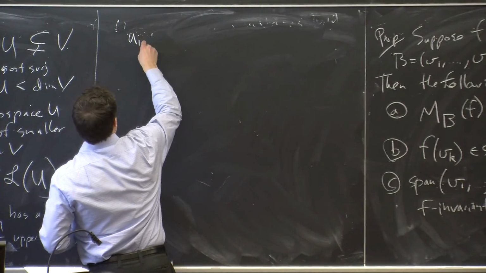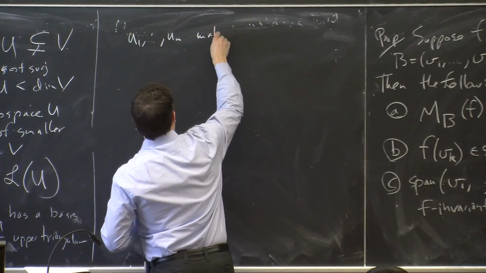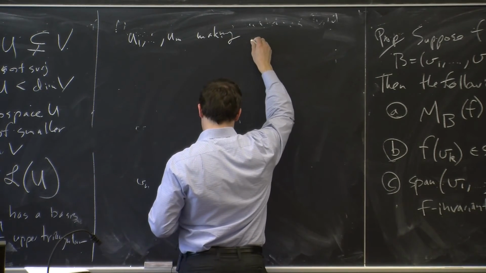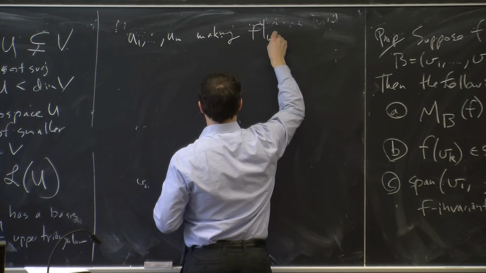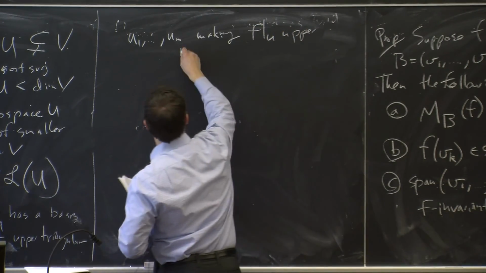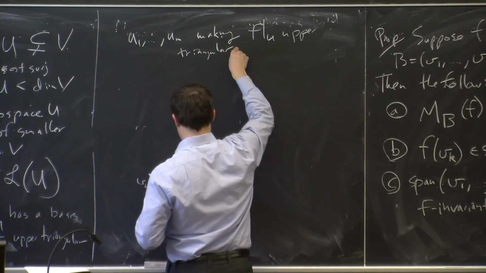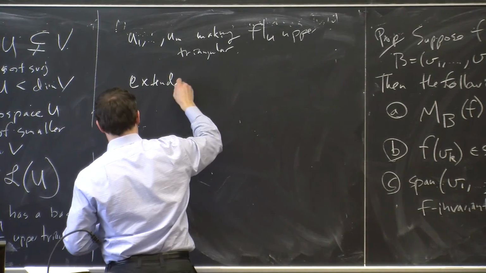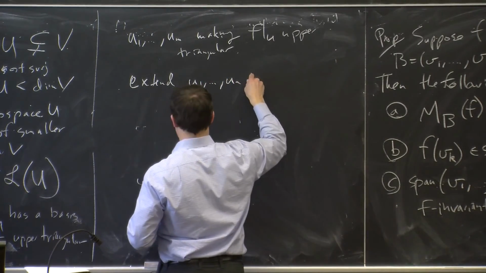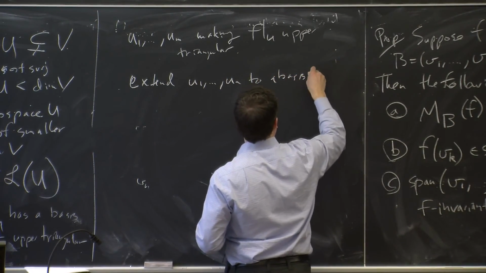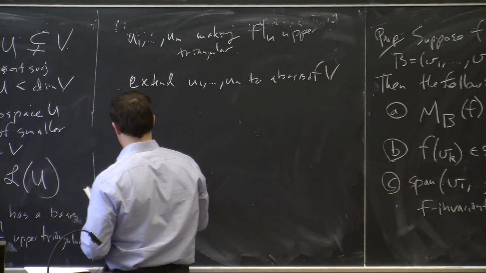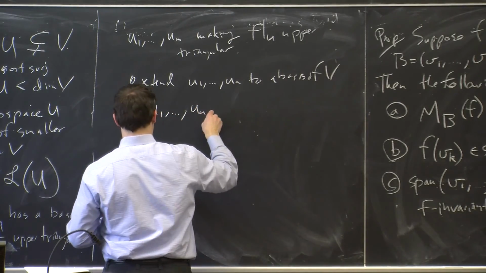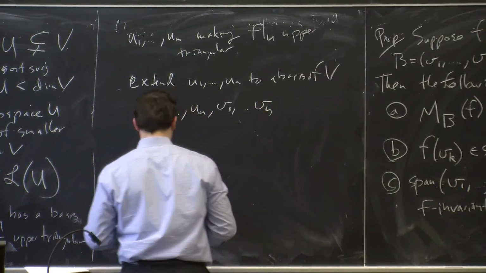So it has some basis U1 up to UM making F restricted to U upper triangular, and we extend U1 up to UM to a basis of V. So say U1 up to UM, V1 up to Vn.